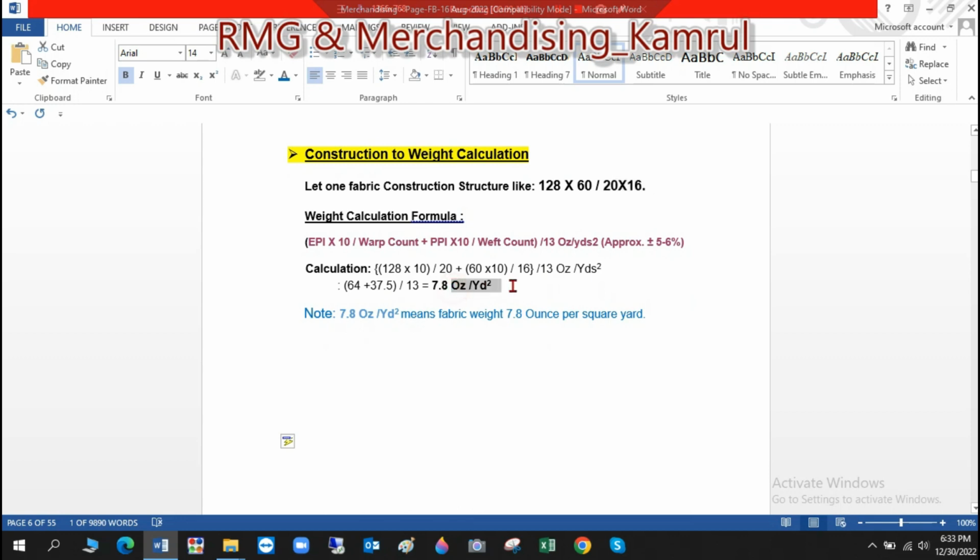It is the unit of fabric weight. So for this construction we have got the fabric weight of 7.8 ounces per square yard.